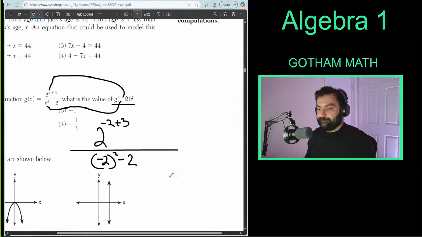What's the answer? Negative 2 plus 3 is just 1. So it's 2 to the power 1, which is just 2. Over negative 2 squared is 4. Everything can be confirmed by the calculator. 4 minus 2 is 2.